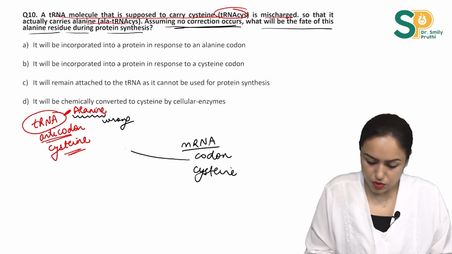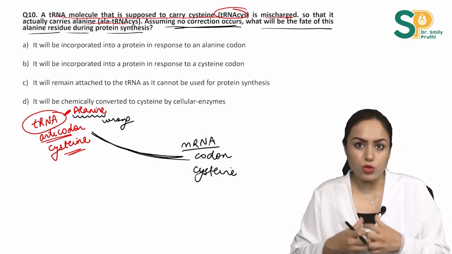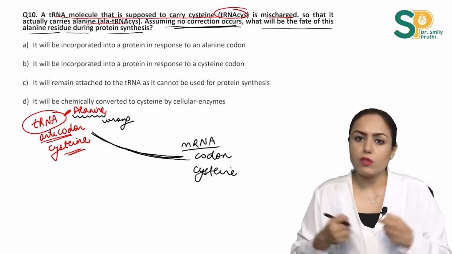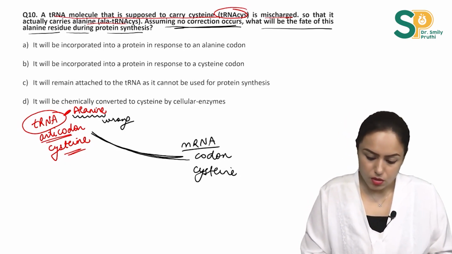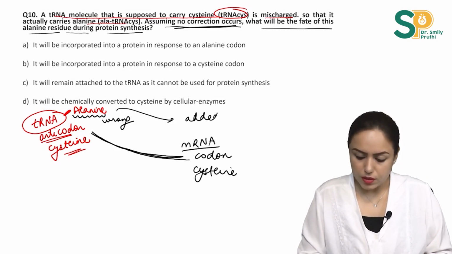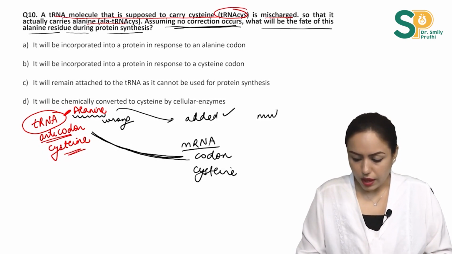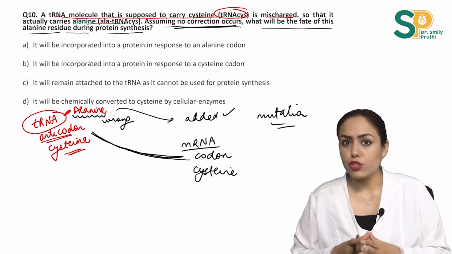So this codon for cysteine and this anticodon for cysteine, they match, they can hydrogen bond. So they match and they will join. So now whatever amino acid is there on the tRNA, that will be added in the protein, and it will be a mutation.